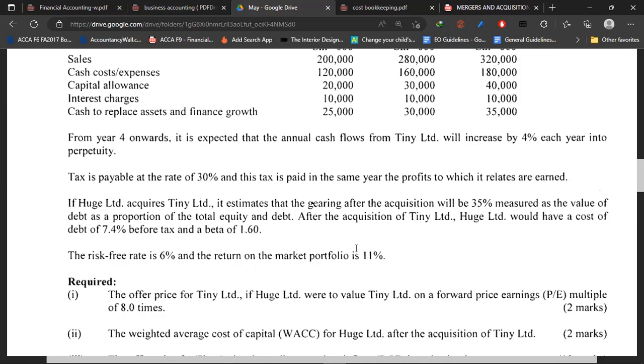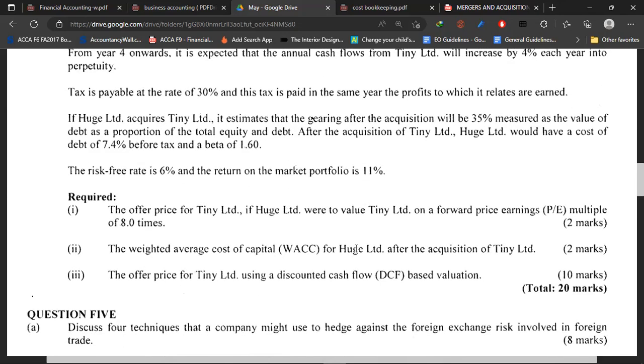Required. 1. The offer price for Tiny Limited, if Huge Limited were to value Tiny Limited on a forward price earnings multiple of 8 times. 2. The weighted average cost of capital for Huge Limited after the acquisition of Tiny Limited. 3. The offer price for Tiny Limited using a discounted cash flow based valuation.